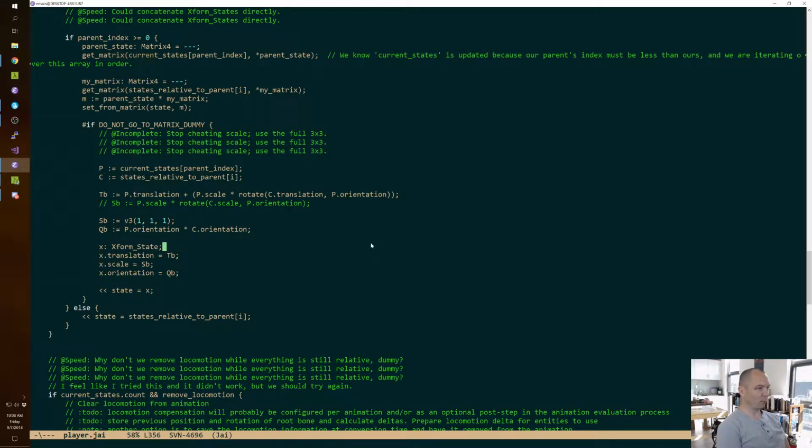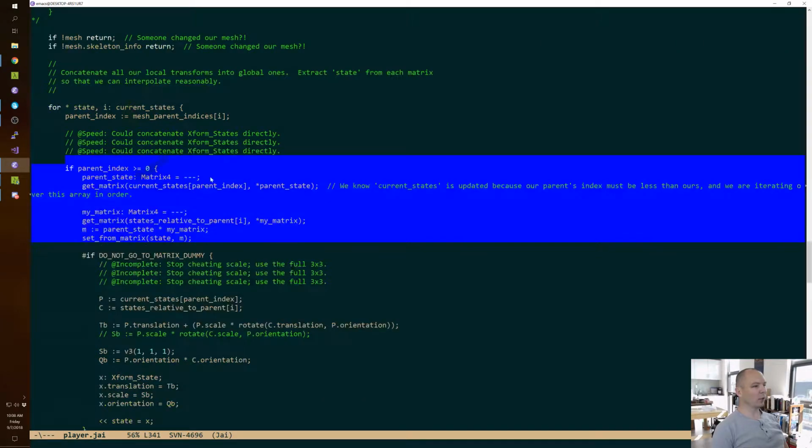Like, for example, this piece of code here is the thing that concatenates transforms from the local space, the space of each bone, into the object space coordinates that we can then use to render the mesh.